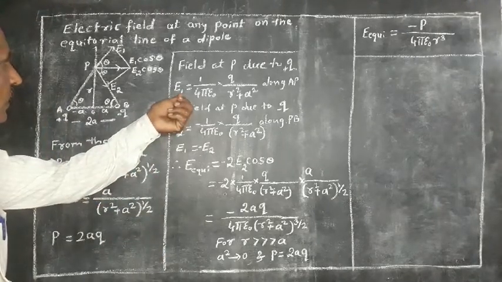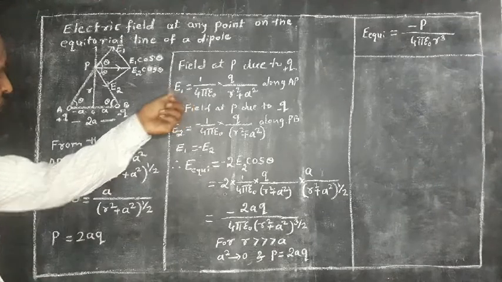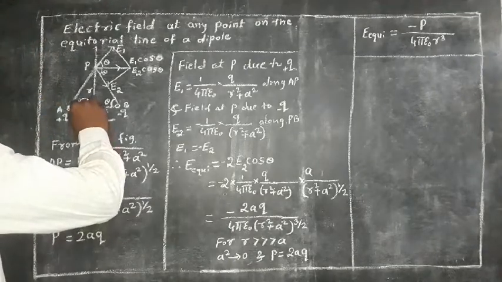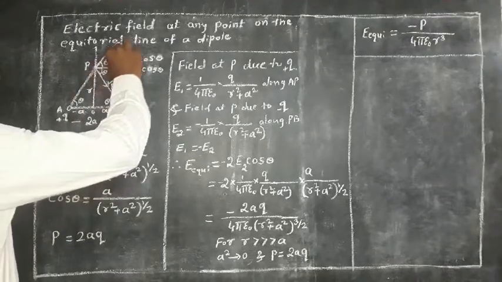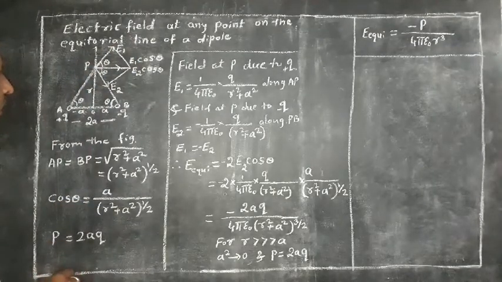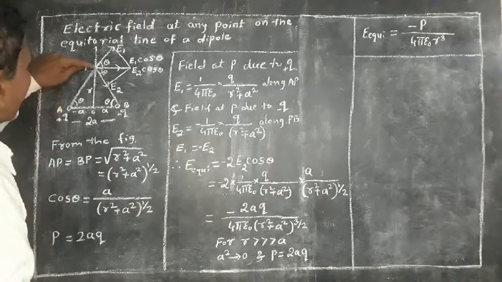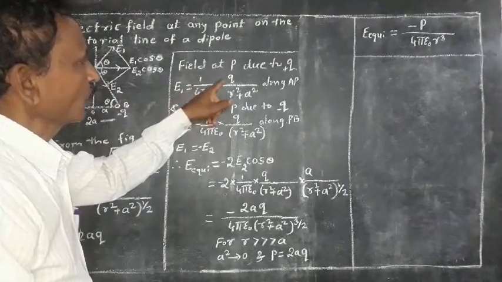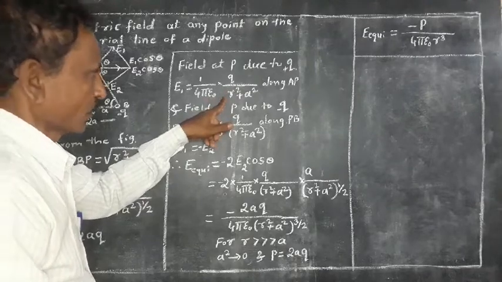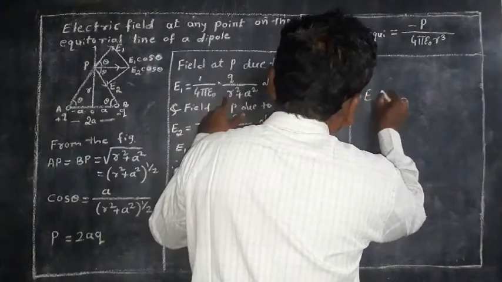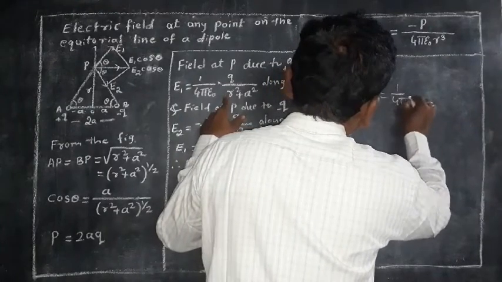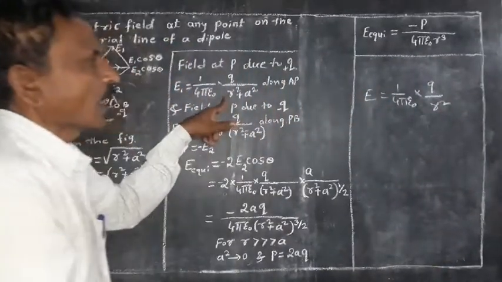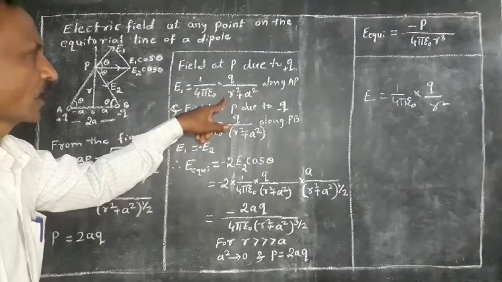Therefore, E1 is the electric field due to positive charge plus Q, and the direction of the electric field is from A to P. The intensity of electric field at P due to positive charge is E1 equals 1 upon 4 pi epsilon naught into Q upon r square, because electric intensity E equals 1 upon 4 pi epsilon naught into Q upon r square, where r is the distance of the point from the charge.